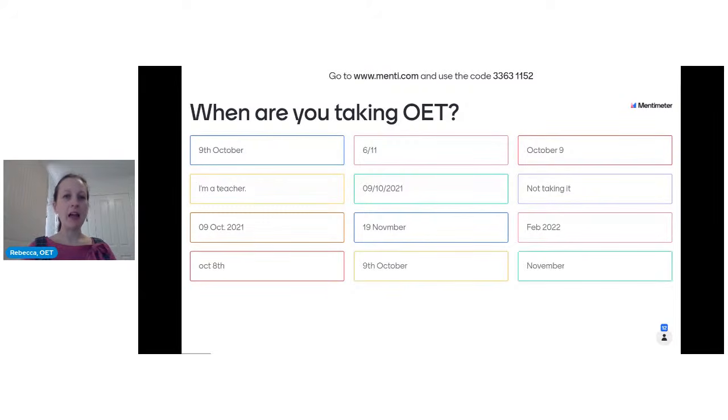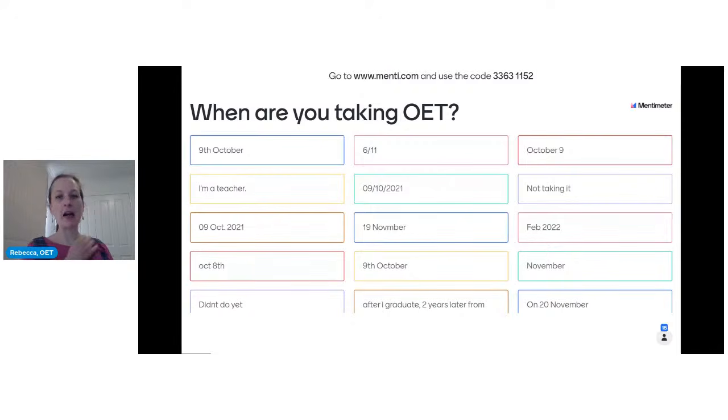That's great to see. Somebody here who's planning much further ahead into February. So that's great to be getting first information at this point and to be working away for a future date. A few of you are saying, yeah, I'm not ready yet, or I'm going to wait until after I graduate. So this is about information finding, I guess, at the moment. In the chat, I can see also some taking in October, early November, somebody in December. So that's great. We've got a variety of people with a variety of test dates.